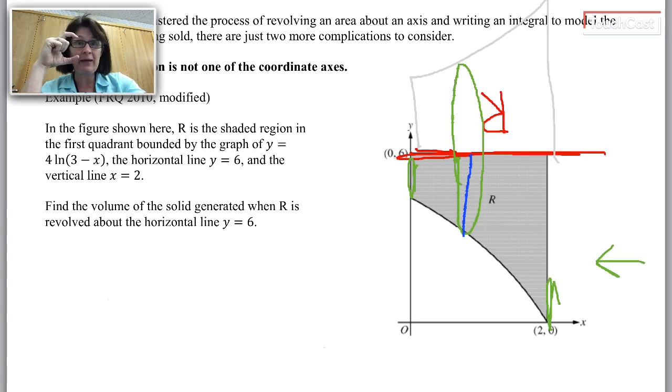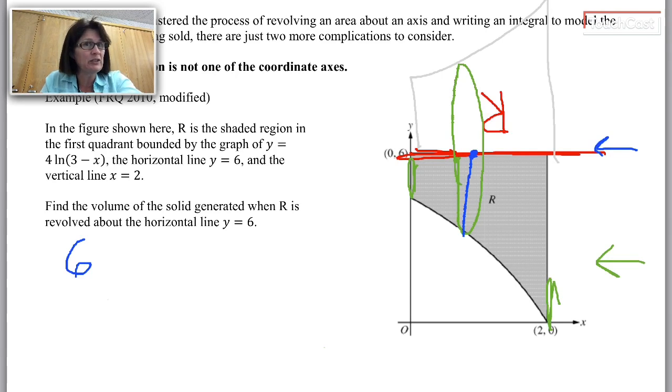Because the two x values on that blue line at the top and the bottom are the same, because a vertical line has the same x coordinate everywhere. So if I want the distance on that blue segment, I need to subtract top y minus bottom y. Well, look at what the top y is. Your y coordinate at the top of your line segment was supposed to be a point on the axis of revolution. Do you know what the y coordinate there is? It's got to be 6.